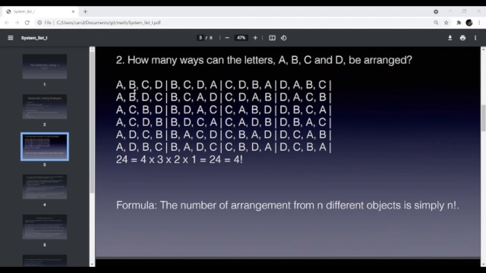I'm not going to say all of these for the sake of time, but there are 24 ways, which is 4 times 3 times 2 times 1 equals 24, which is 4 factorial. Formula: the number of arrangements from n different objects is simply n factorial.